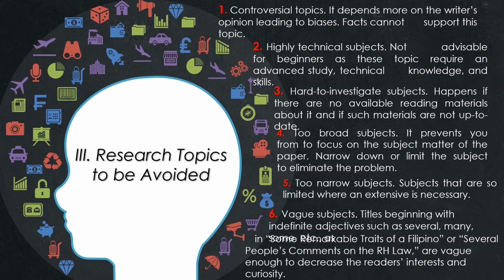Subjects that are so limited where an extensive study is necessary. Number six, baggy subjects. Titles beginning with indefinite adjectives such as several, many, some, and others, as in some remarkable traits of a Filipino or several people's comments on the RH law, are vague enough to decrease the reader's interest and curiosity.